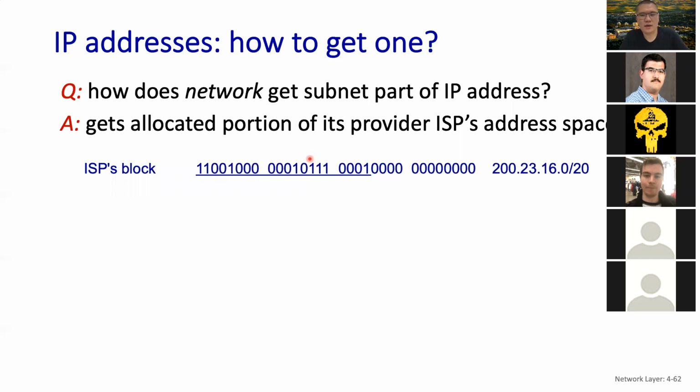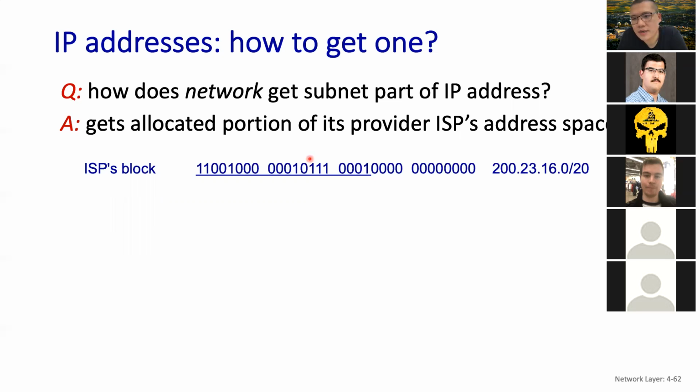Let me see how much time we have. Okay, we have 10 minutes left, so let's finish this part. We learned how a host can get an IP address when joining a new network. And how does the network get the subnet part of the IP address?